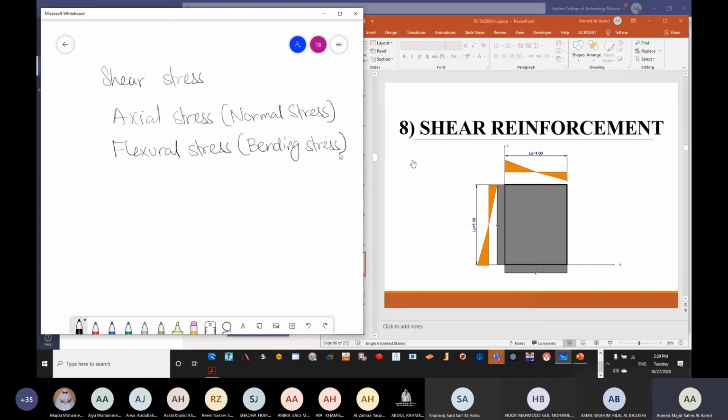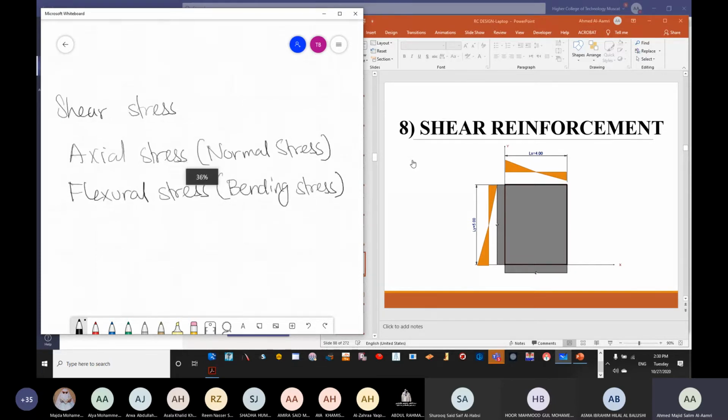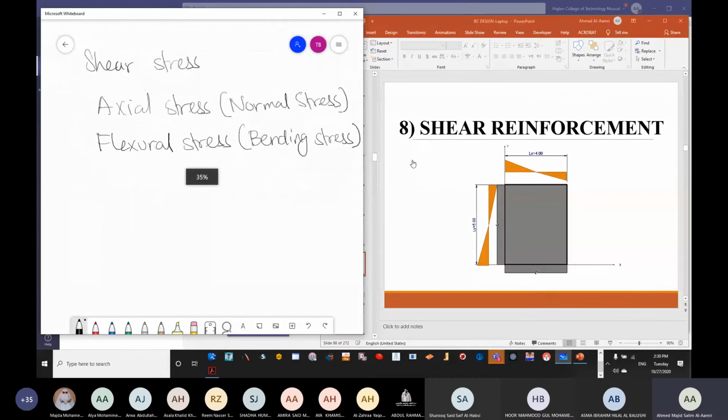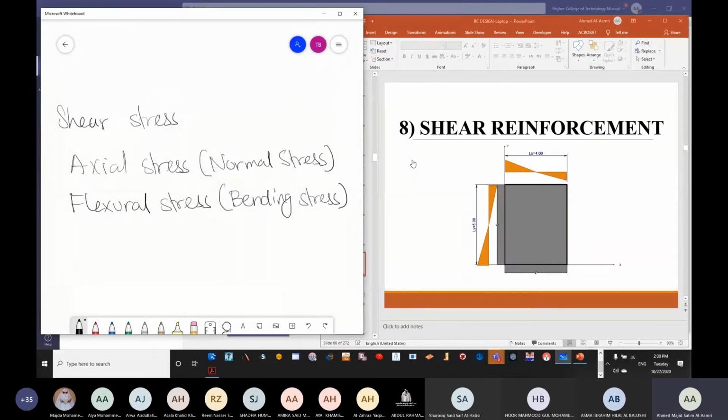Okay, very good. So I think you have studied these in mechanics of materials: shear stress, axial stresses, and then flexural stresses. And then there is bearing as well, and torsional as well. But these are the main things that you are going to deal with.